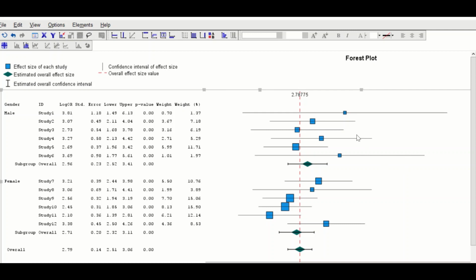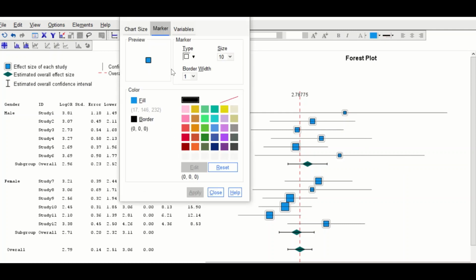We could also change the color of the blue squares and even change the type if you wish. We could go for a circle and apply it, or we could go for any shape we would like, but we'll stick with the square one and a blue one.